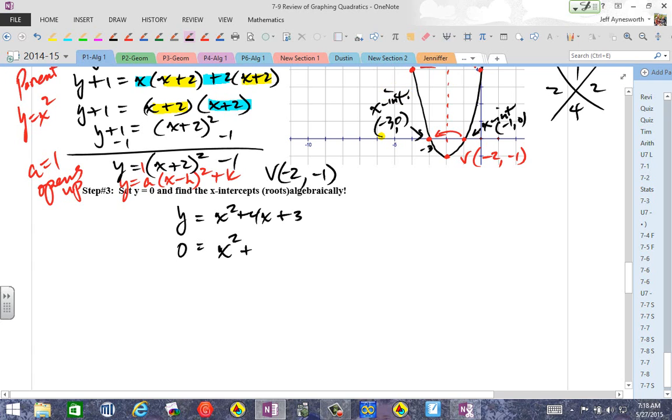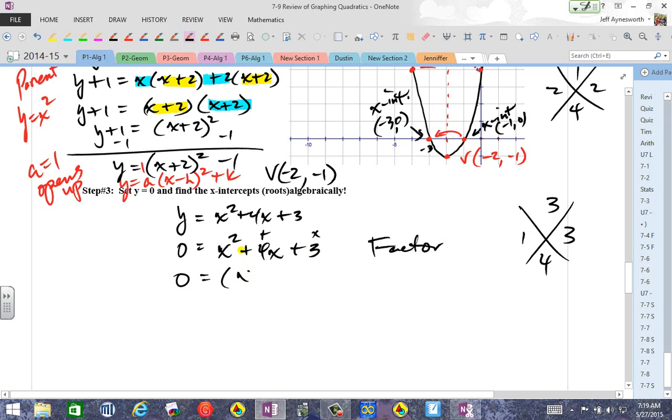So what I'm going to do is factor. All right. I know two numbers that multiply to 3 and add to 4, so I can play the factor game really easily here. They're 1 and 3. 1 times 3 is 3, and 1 plus 3 is 4. So I can factor. So I've got x squared plus... I can factor by grouping, so I'm going to split the middle term.